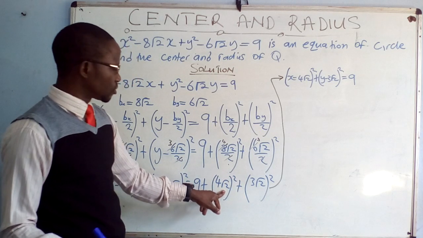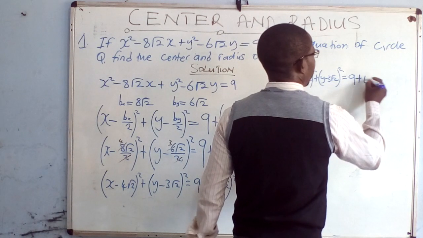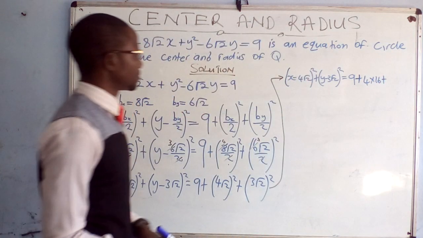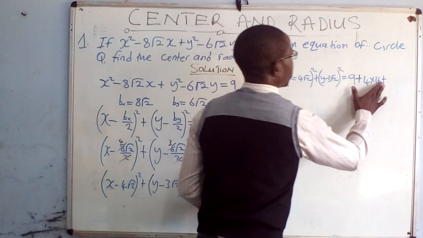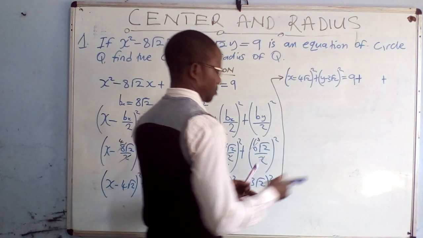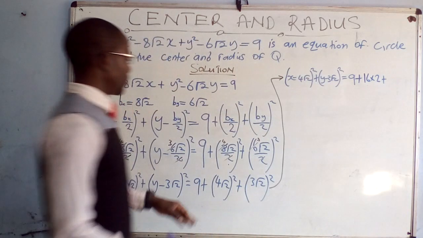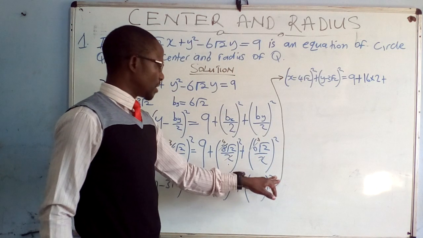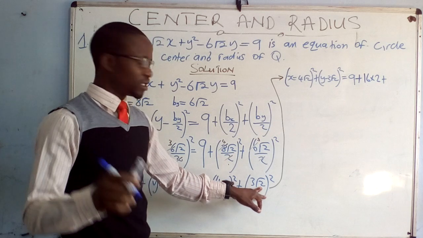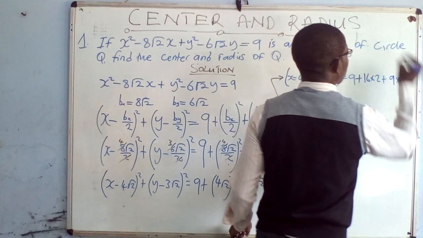Root 2 times root 2, 2. So this would be 16 times 2. Then for this one, 3 to the power 2 is 9. Root 2 to the power 2 is positive 2. So it will give us 9 times 2 like that.